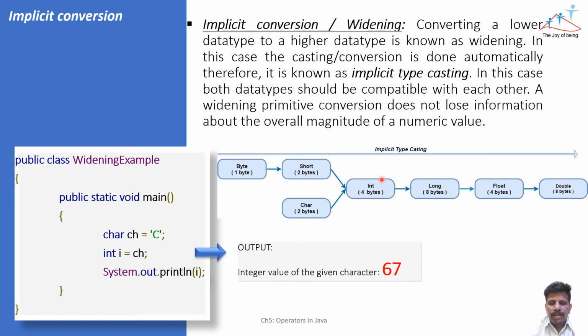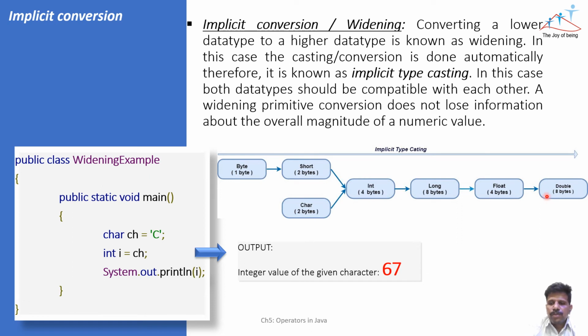So it is also called implicit type conversion. When we do this type of conversion, the numeric value remains the same. Overall magnitude or numeric value is the same. We are not going to lose any information. Only the type of the value will change.